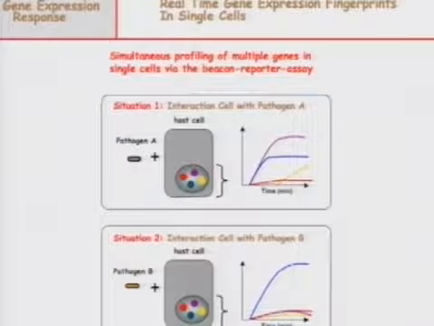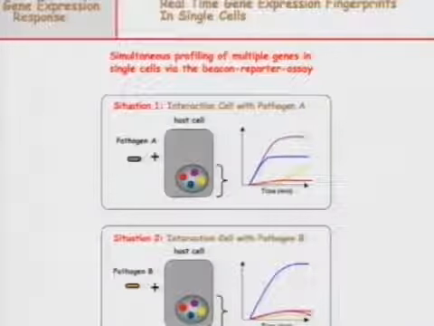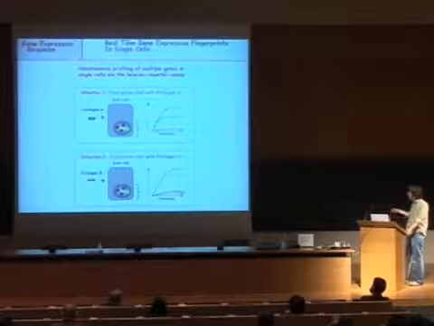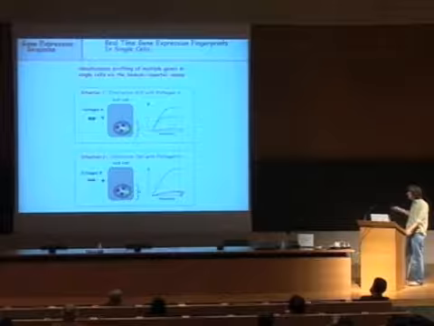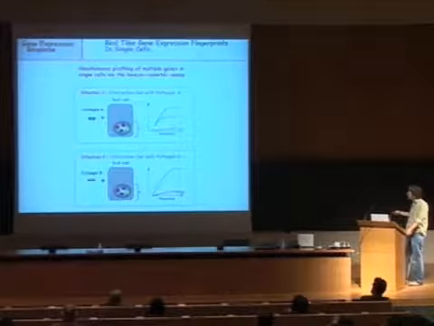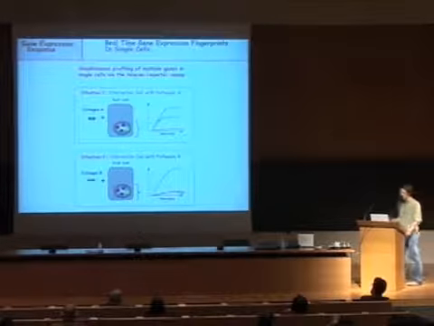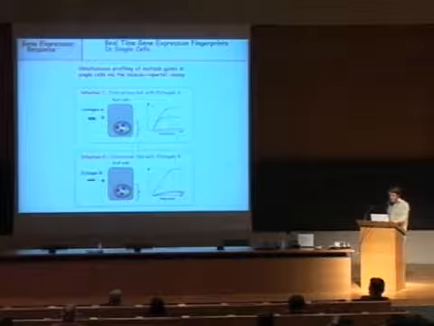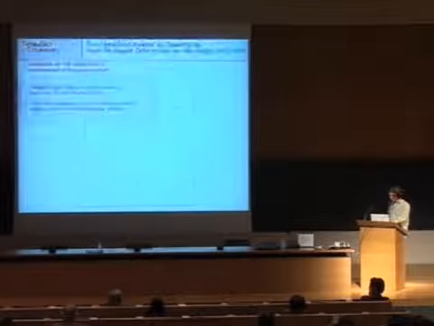With our assay, we are able to develop real-time gene expression fingerprints in single cells. We believe that in the future, perhaps in 5 years, we will be able to deduce from the patterns we see with our assay what kind of stimulus was actually brought onto the cell. But this is something we would like to do in the future.